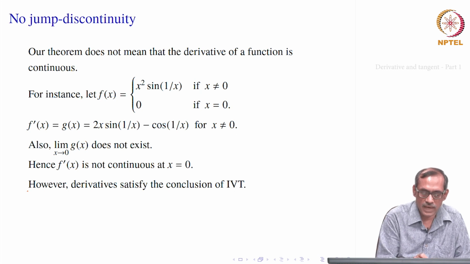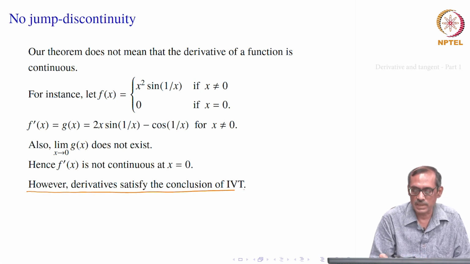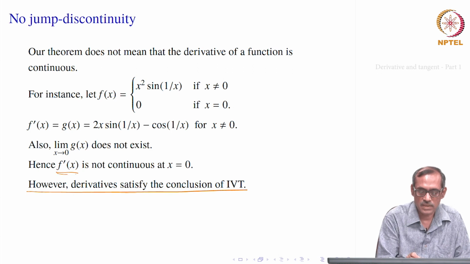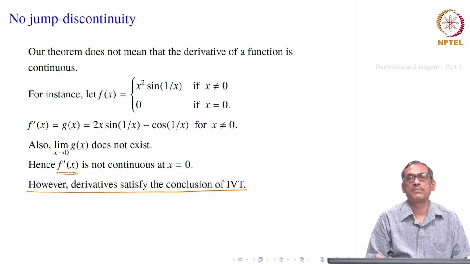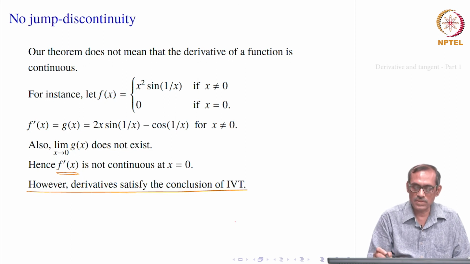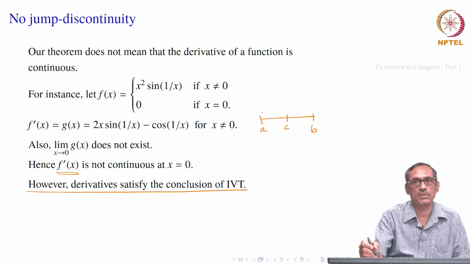But there is something else which is satisfied by this derivative f prime x. You remember that if a function is continuous on an interval, then it satisfies the conclusion of the intermediate value theorem. That is, if you take a closed interval a, b where it is continuous, then between f of a and f of b, any value you take is achieved. That is, there is a c such that f of c equals that value.